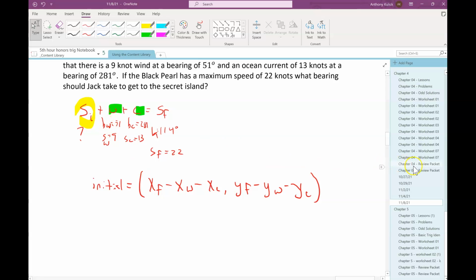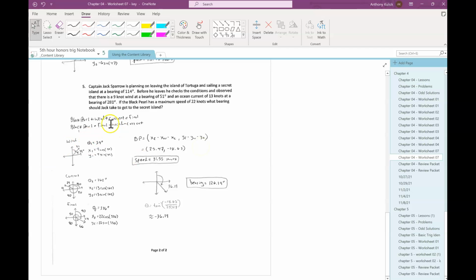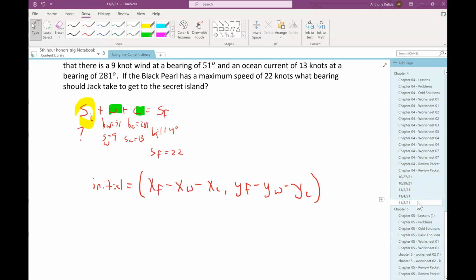Let's look real quick at my key that I wrote and see, is that what I did? Yeah. Okay, so I just did word things terribly. Great. All right.